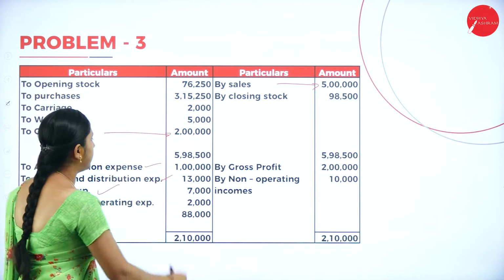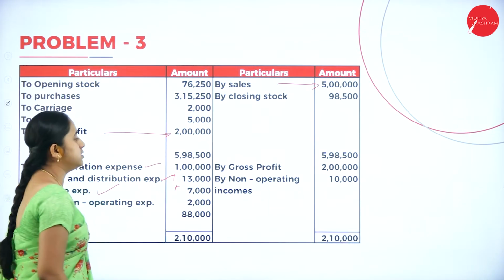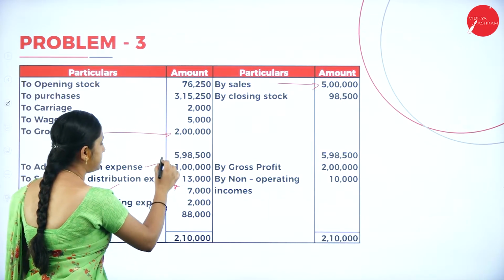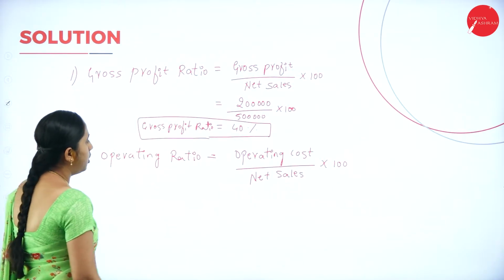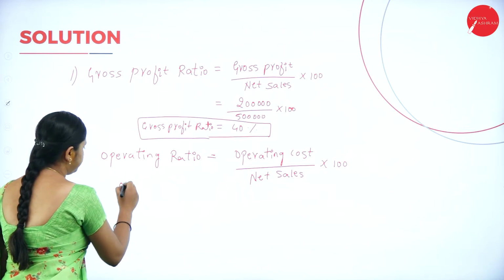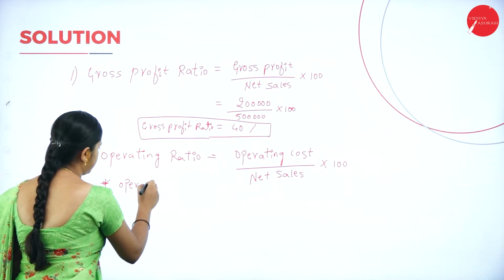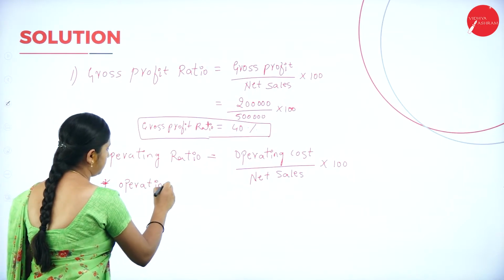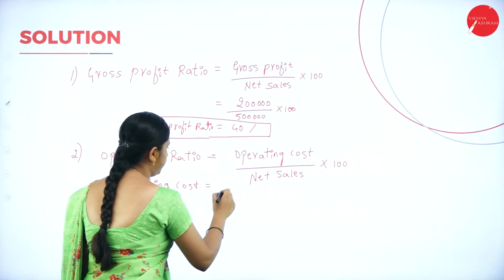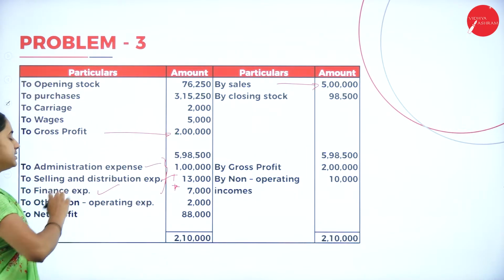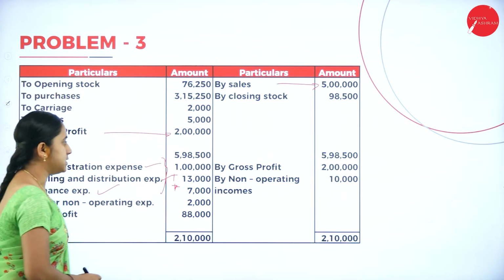All these together, 1 lakh plus 13,000 plus 7,000. The total of all these three is operating cost.